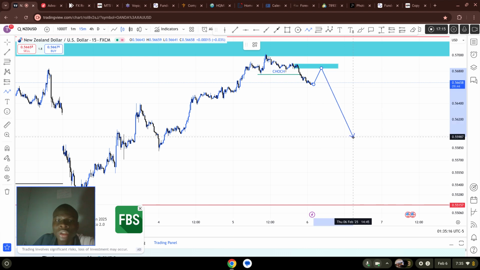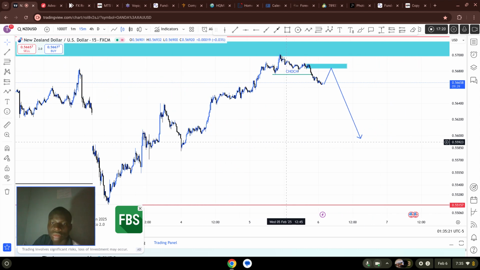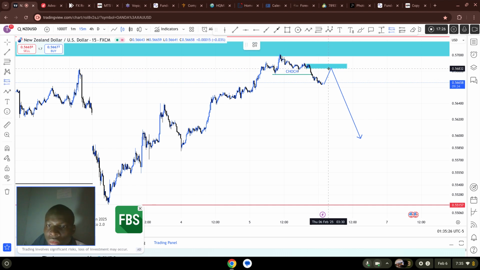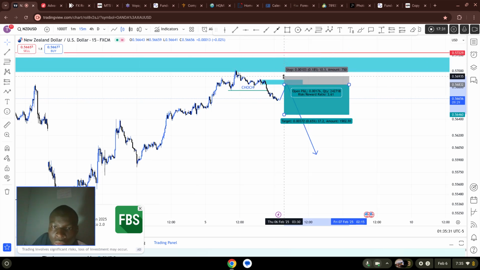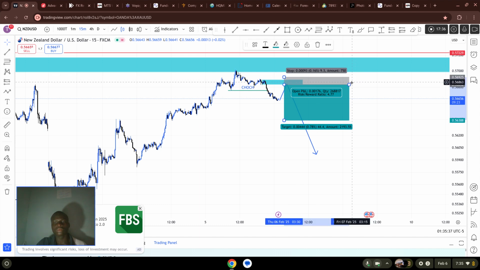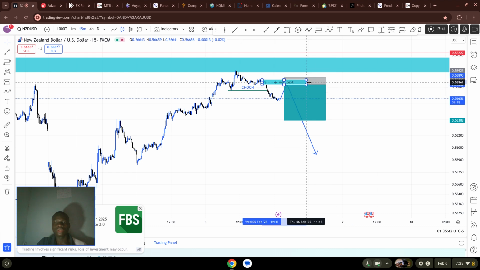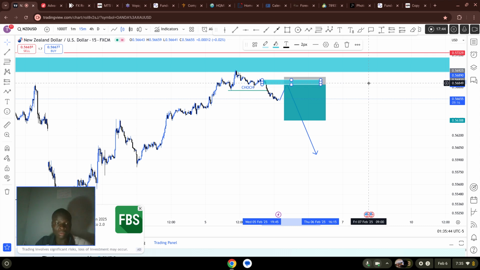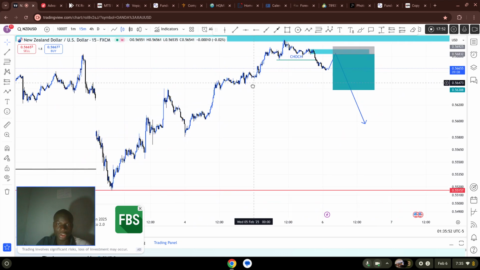Then we have our short as a trend change. So switching bearish.